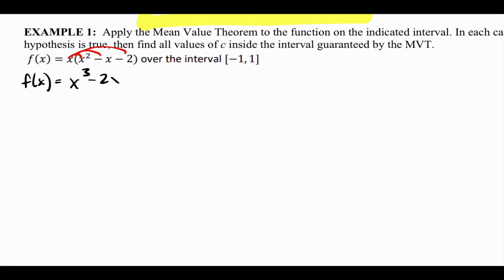Otherwise I would have had to do product rule. Not 2x squared, just x squared. F prime is 3x squared minus 2x minus 2.